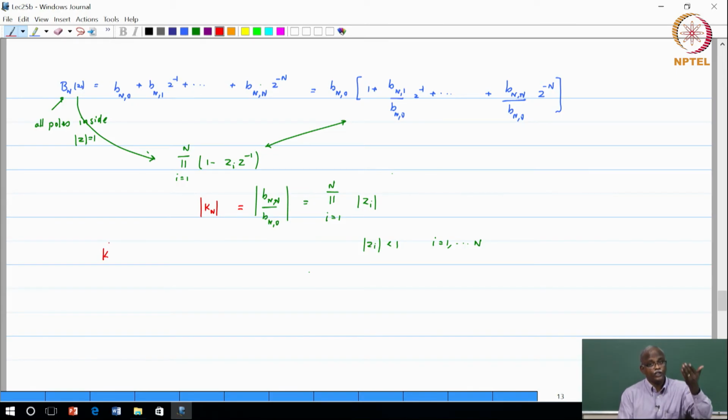First assumption was that the lower order all pass was obtained. So, mod Kn less than 1 is also satisfied because Gn minus 1 is a causal stable all pass function. Okay. Now, just hold on for the next step because this is also very, very important.